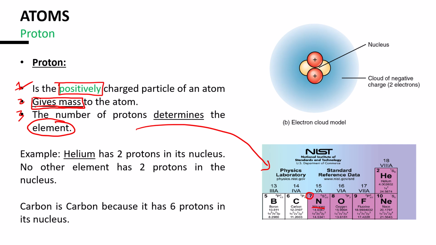Or helium: helium has 2 protons, and no other element has 2 protons. So helium is helium because it contains 2 protons in the nucleus. Carbon is carbon because it contains 6 protons in the nucleus.